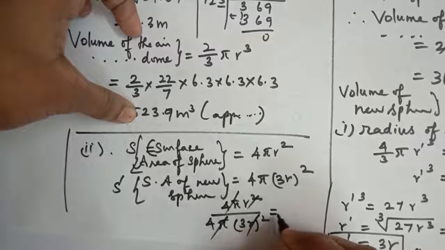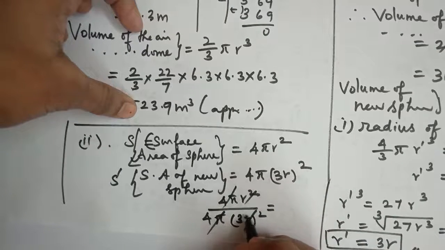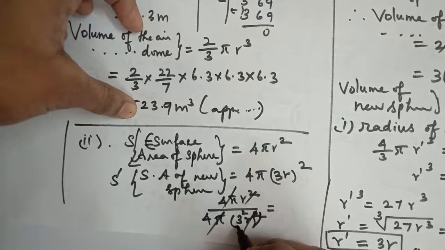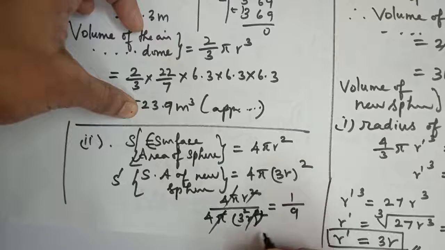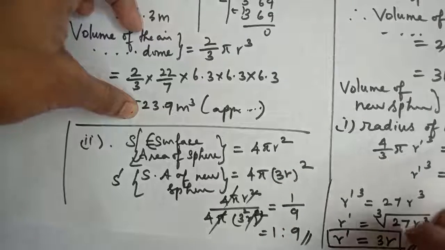The 4 pi cancels, and 1 divided by 3r the whole square, so this is 3 squared and r squared. Then cancel r squared. Then 1 divided by 3 squared, that means 3 into 3, 9. Okay, so the answer is 1:9. Is it clear, students? Good, thank you.